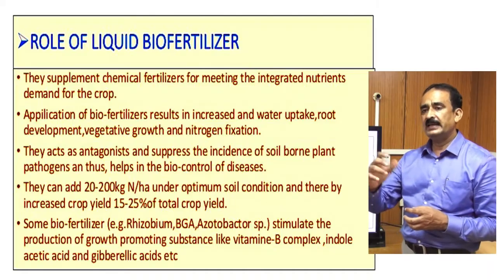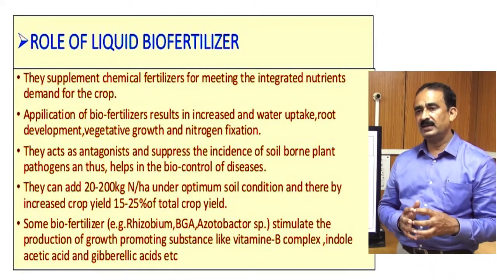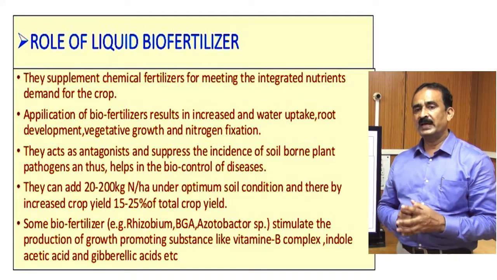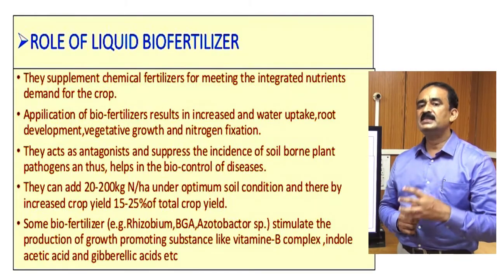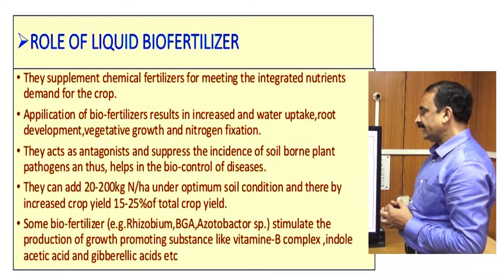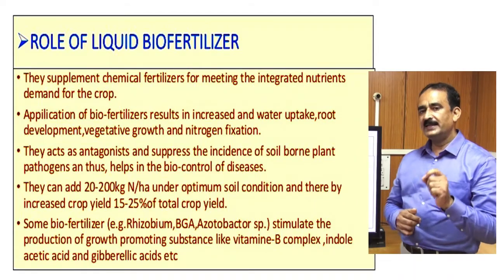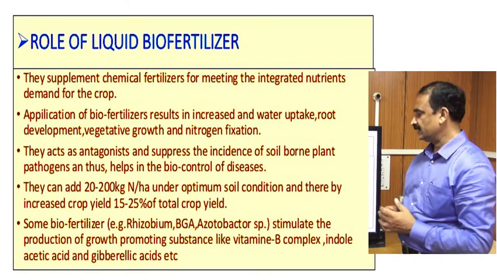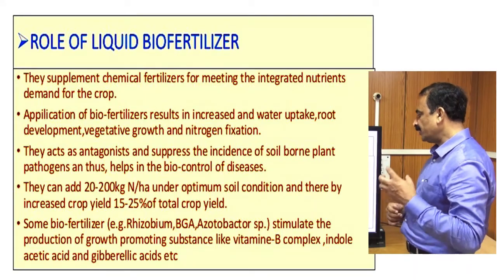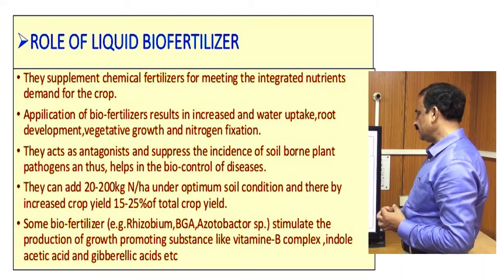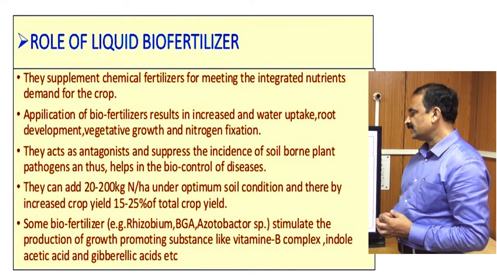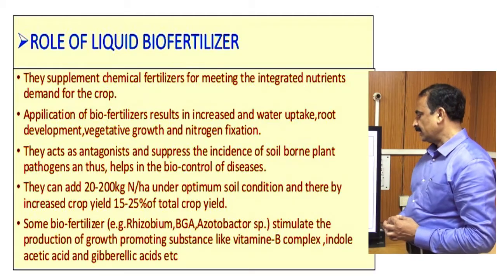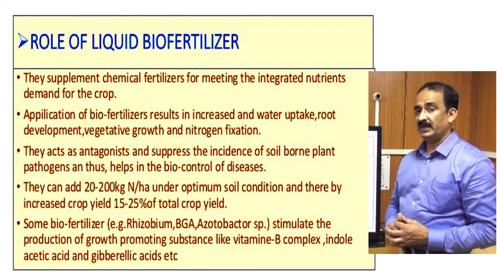So nitrogen liquid biofertilizer not only helps to save the nitrogenous fertilizer, but also helps to check the soil-borne diseases. They can add about 20 kg to 200 kg of nitrogen in case of nitrogen fixers under optimum soil condition, and thereby increase crop yield by 10 to 15% of the total crop yield.